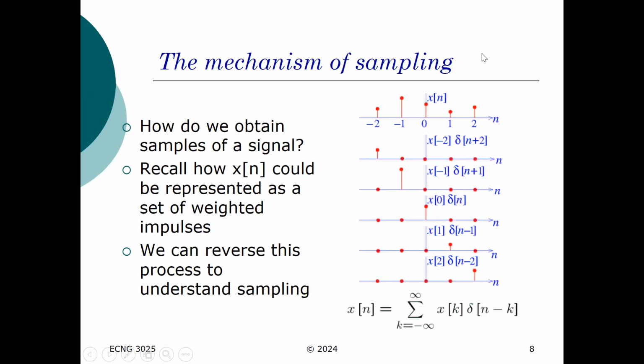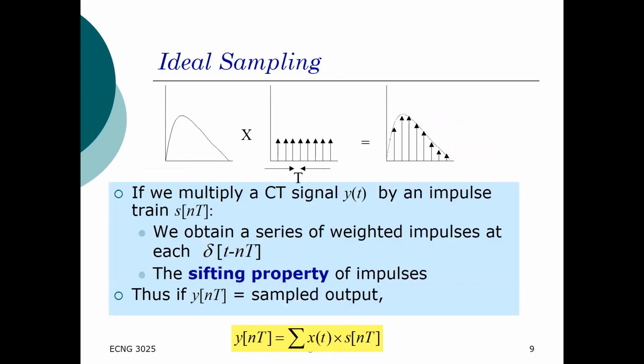Remember from last week, we saw that sampling a signal is really taking the signal and converting it into a series of weighted impulses. In other words, if I take a continuous time signal and multiply it by something called an impulse train, which is a series of impulses spaced uniformly apart, and remember, we gave it the designation delta of t minus nT.